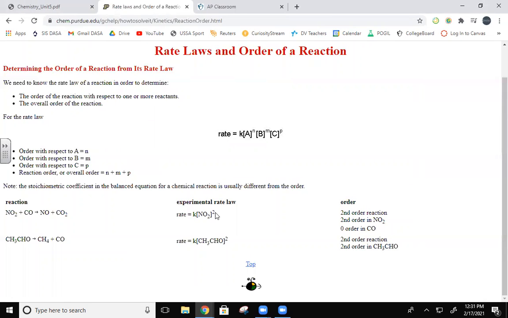It's to that power, the second power. From the experiment, we see that it happens to the second power. That's the order. Okay, does that make sense?